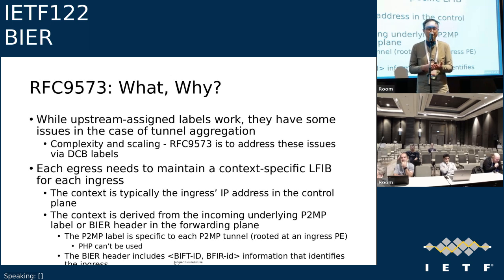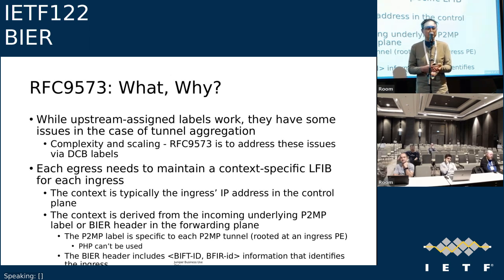In the control plane, the context for that context-specific LFIB is typically the ingress PE's IP address. In the forwarding plane, depending on the tunnel technology, if you are doing a P2MP tunnel, for example MLDP, then the context is derived from the incoming label, because that label is specific to a particular tunnel, which is specific to a particular tunnel ingress.